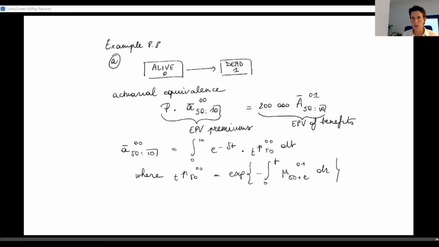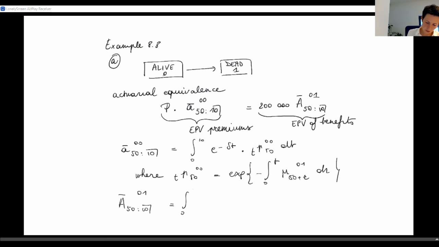And that was given in the exercise, so you can work out this integral and find the survival probability over here. So do note that I only need to take one transition intensity into account here, because I'm working in this particular multi-decrement model where I've got only one exit state, so only one force of decrement that is applicable. And then on the other hand, I've got my A bar 50, 10, 0, 1.